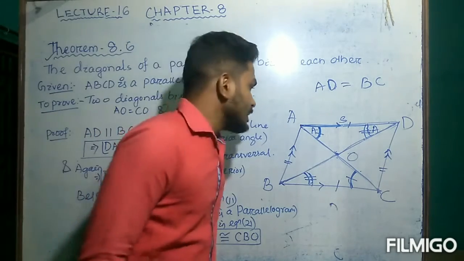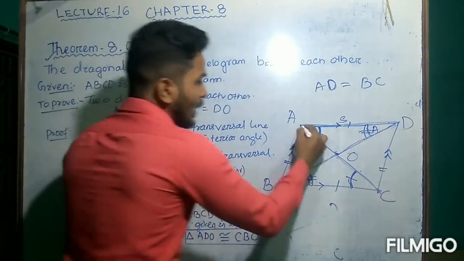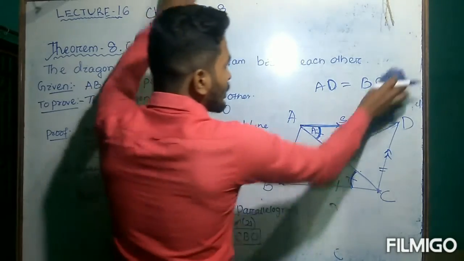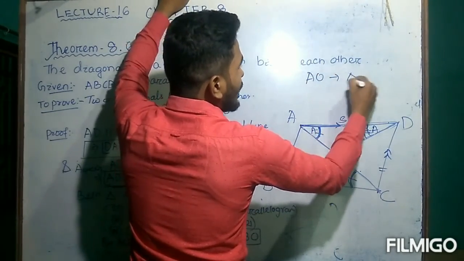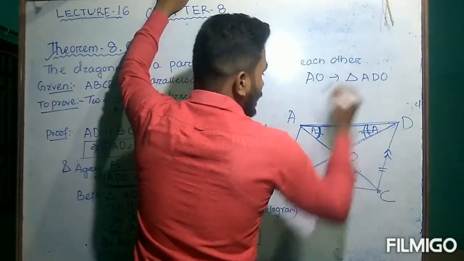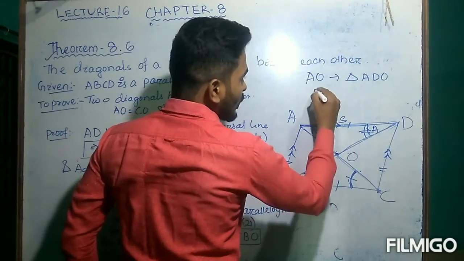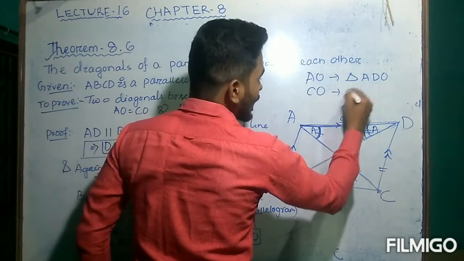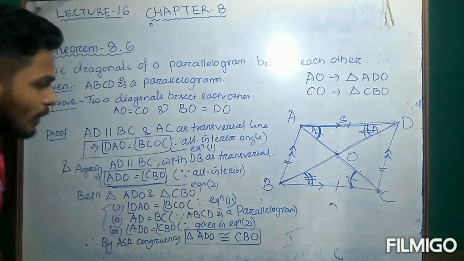Now you understood? We have proved that these two small triangles ADO and CBO are congruent. Now see, if we consider triangle ADO, AO is a side of this triangle. Yes or no? Yes. And for the triangle CBO, CO is a side. Understood?